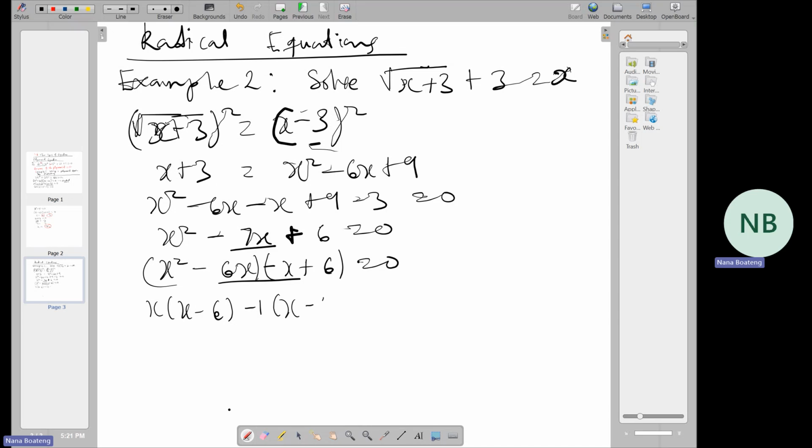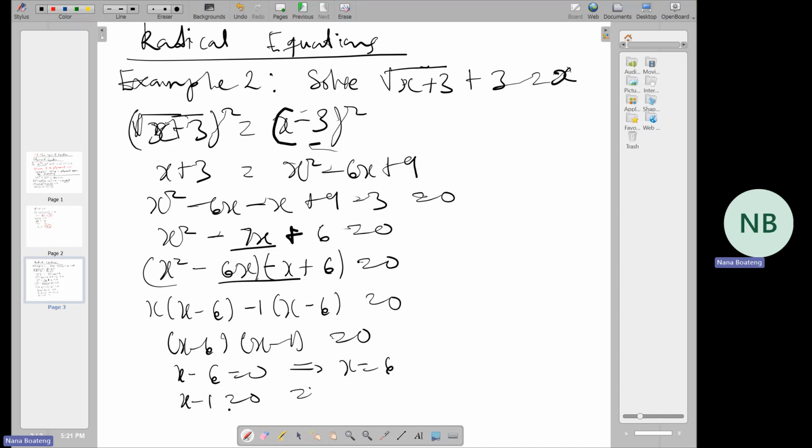So this then gives us x minus 6 times x minus 1 is equal to 0. And we know from the zero product principle, x minus 6 is equal to 0 implies x is equal to 6, and x minus 1 is equal to 0 implies x is equal to 1.